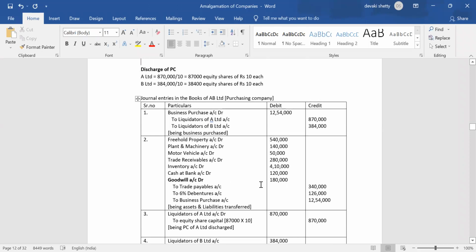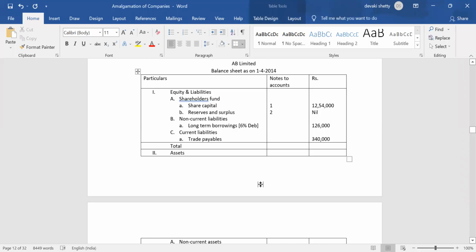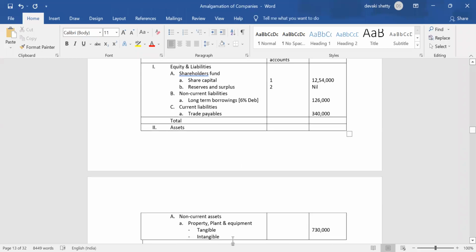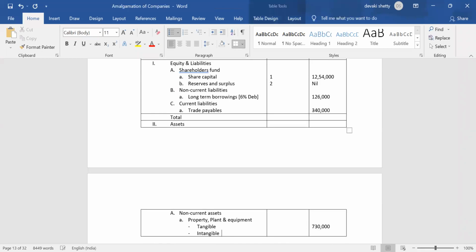Intangible में we can see only goodwill 1,80,000. So I will write bracket में goodwill 1,80,000. Now we come to the current asset.